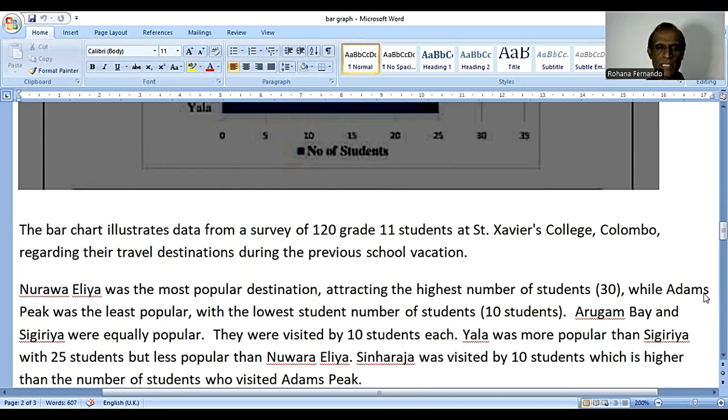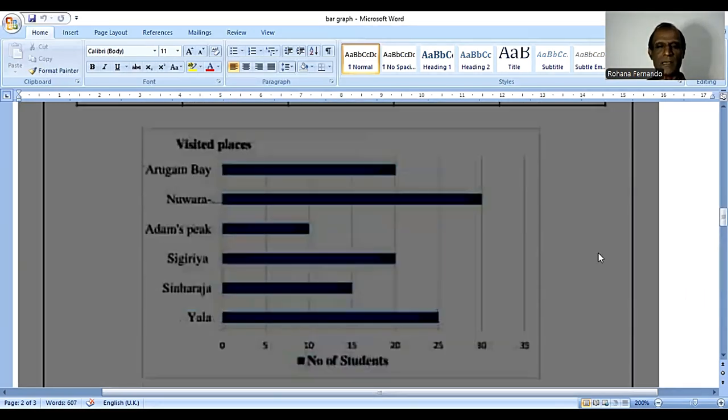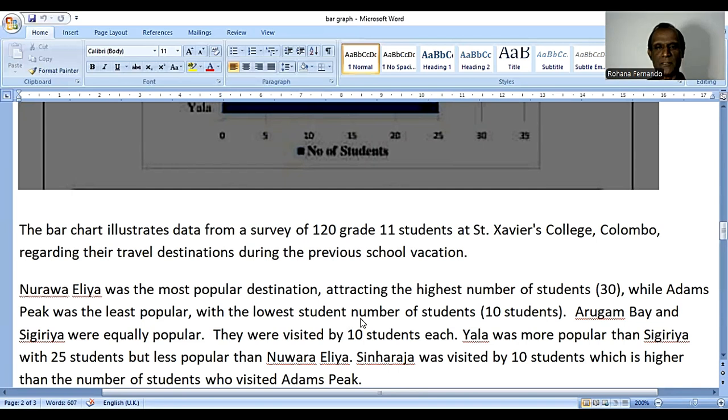While Adams Peak was the least popular with the lowest number of students, that is just 10 students. Again, within the brackets, 10 students. Actually, here I wanted to highlight particularly the bracket method, how to use information or data within brackets.